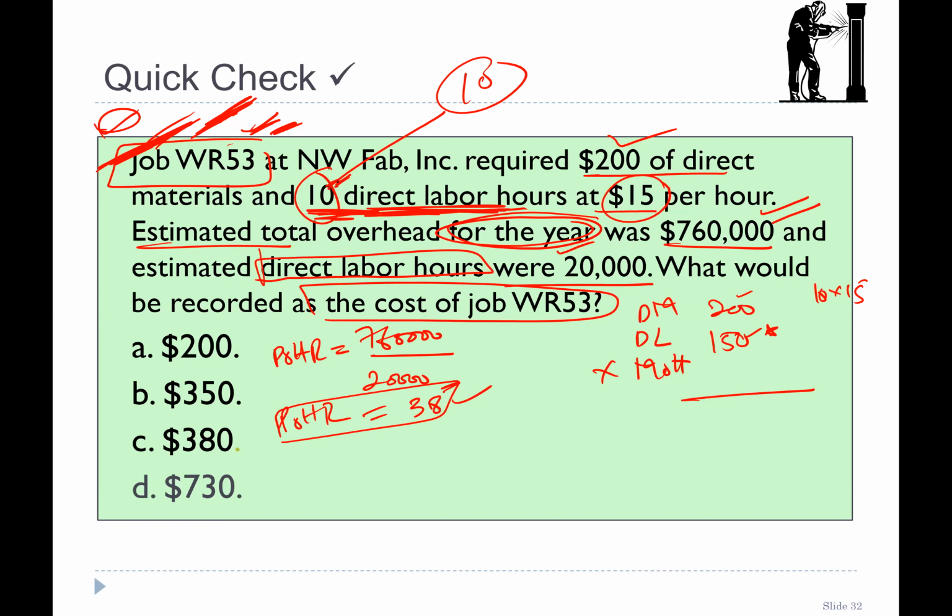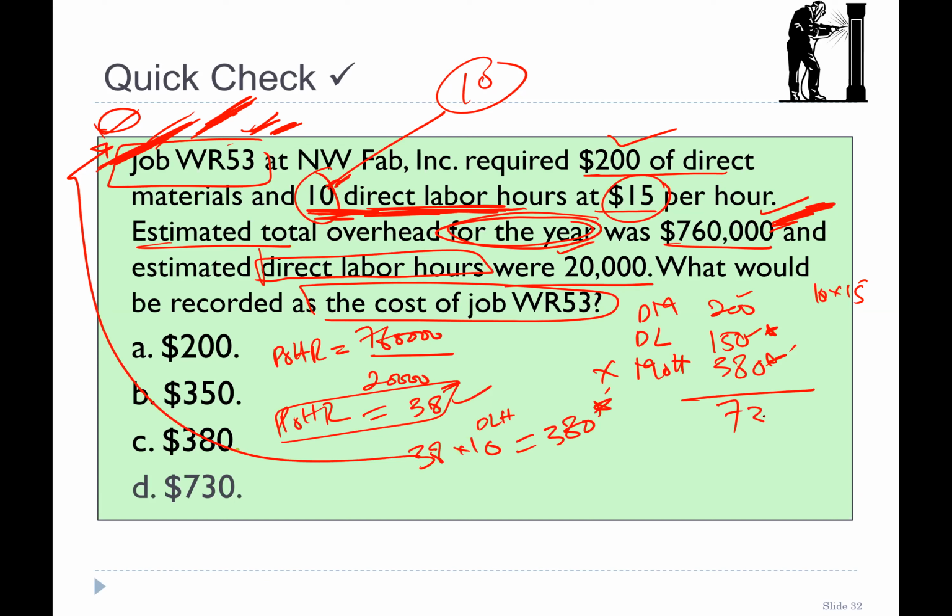Based on 10 hours it would be 380 for this job, not for the whole factory. The 760,000 is for the whole factory, and this is for just this order or this job. Answer is 380, right? And the total product cost is going to be 730. Understand?